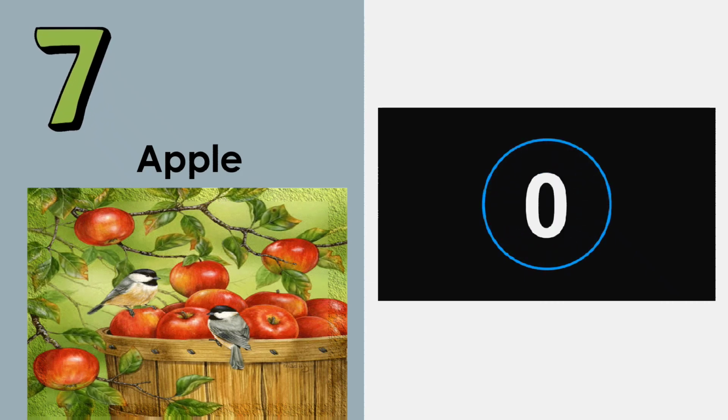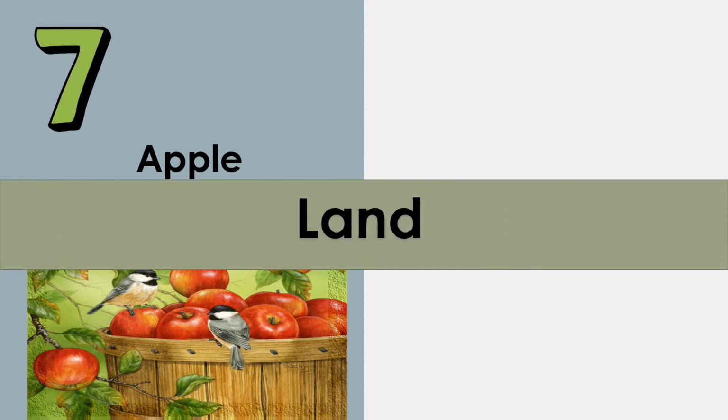Alright, time's up. What would be your answer? If your answer is land, then you got the correct answer. Perfect. If you got 7, then you have a perfect score.